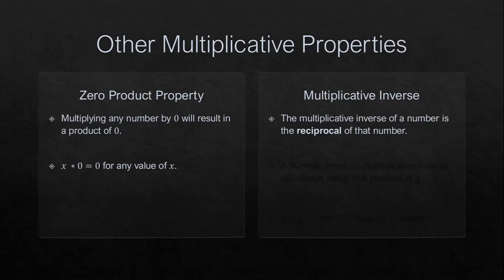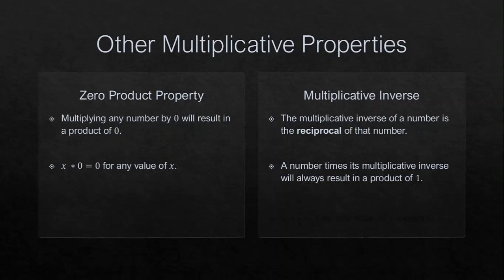If we've got the number 8, then its reciprocal would be 1 over 8, because we know that 8 is the same as 8 over 1. We're just taking that fraction and making the numerator into the denominator and the denominator into the numerator. That would be the reciprocal. But that's important because a number times its multiplicative inverse will always result in a product of 1.